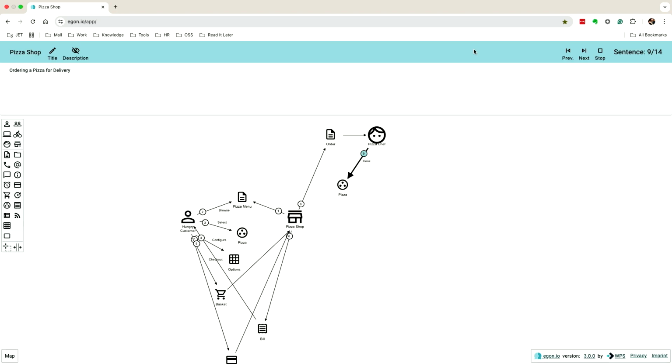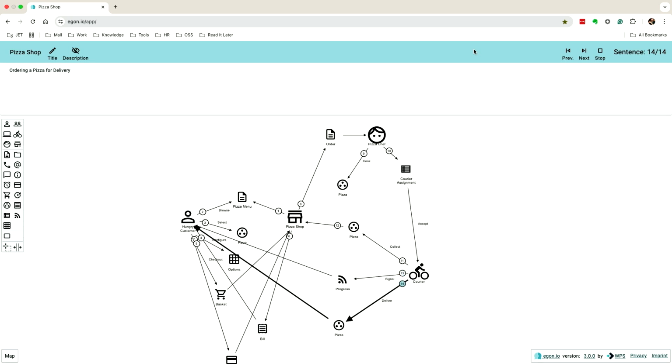Our pizza chef cooks the pizza. He basically assigns the work to a courier. The courier decides whether to accept or reject that assignment. They again drive over to collect the pizza from us, and then they tell the customer about their progress as they're heading towards them with their pizza in hand, and eventually they deliver the pizza to the customer, right?